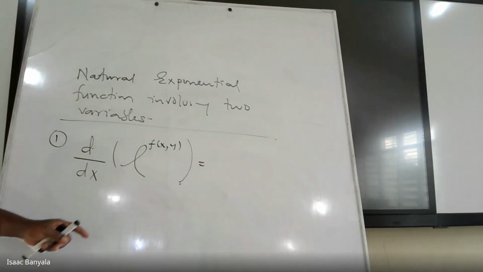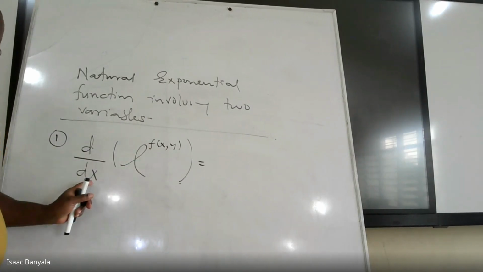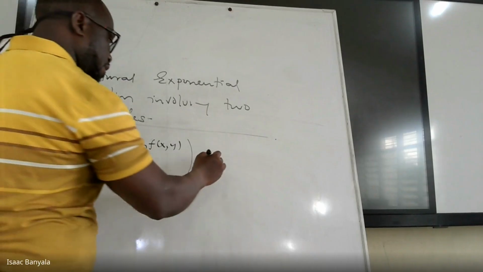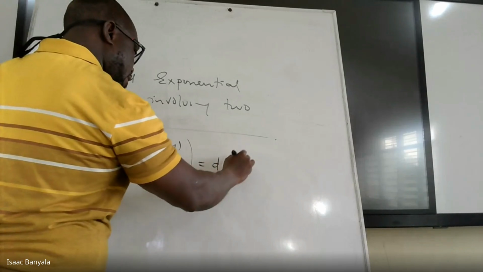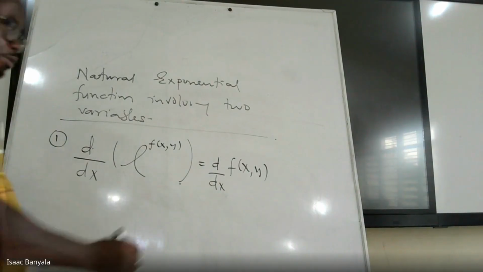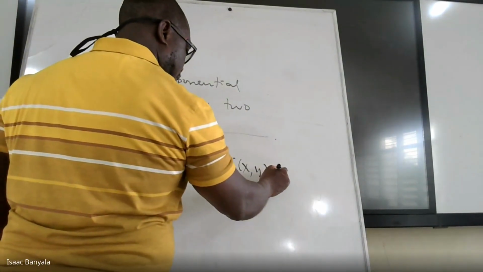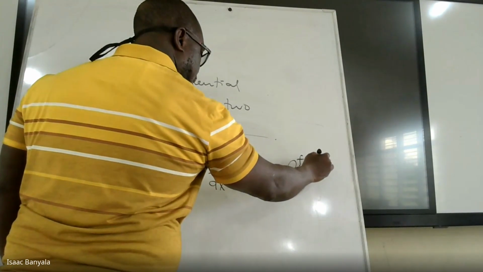It means I'm going to differentiate this function x, y with respect to x. Please take note of that. Then this is multiplying the exponential function x, y.